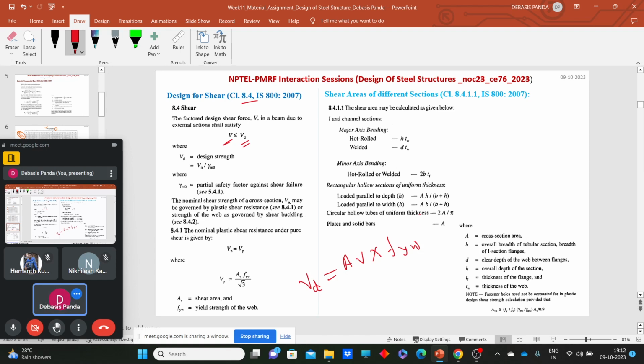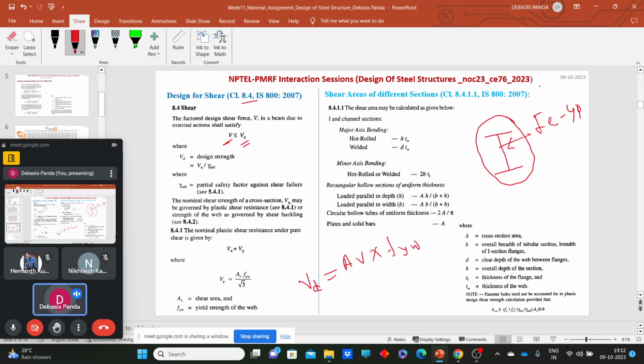Or in general we can say, if we have a rolled section, that should be made of a uniform grade of steel. If I use Fe 410, then I will use 410 for the web and for the flange part.